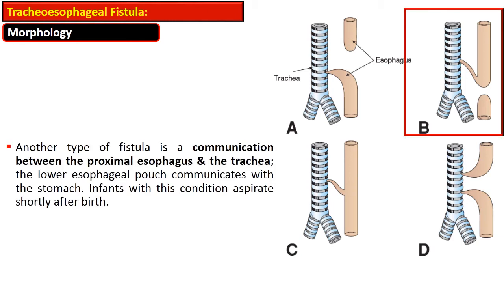Another type of the fistula is communication between the proximal esophagus and the trachea, while the lower esophagus communicates with the stomach. This type of the atresia is associated with aspiration soon after birth.